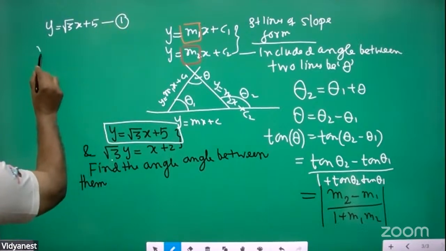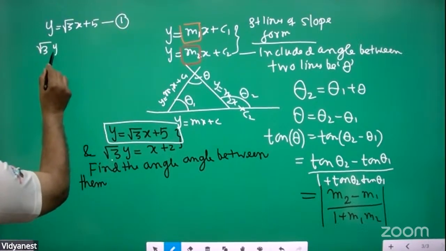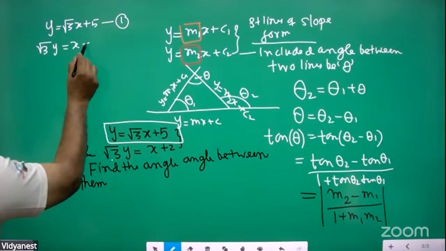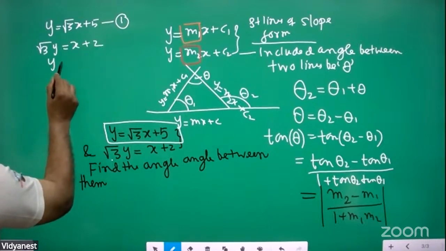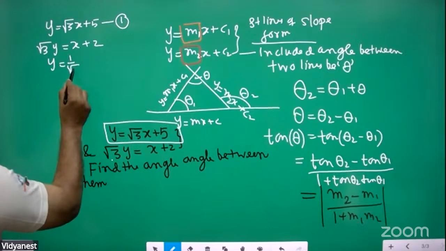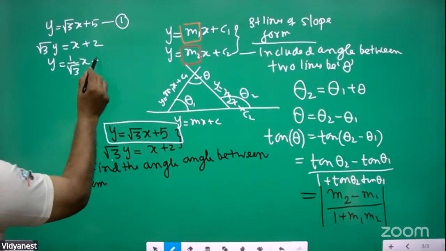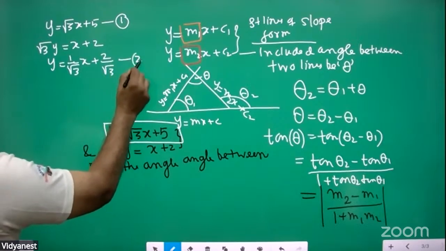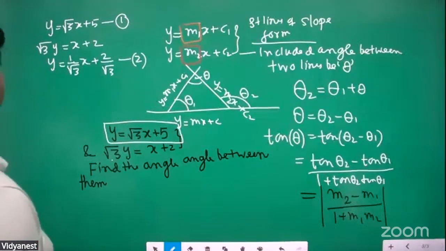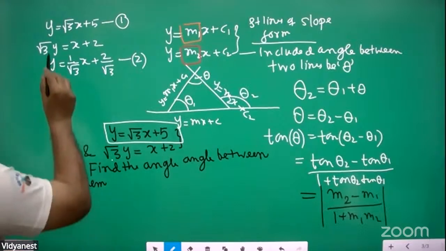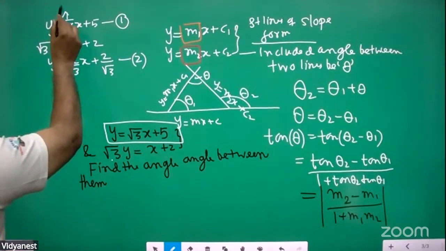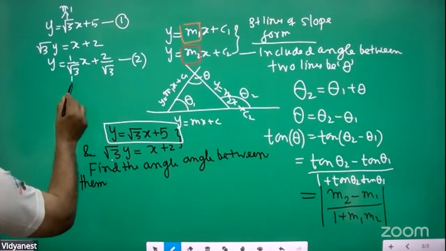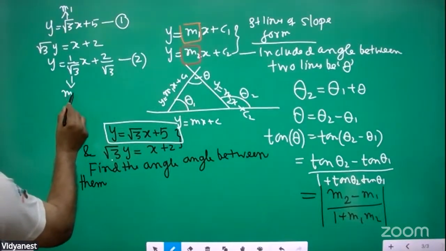And the second equation, root 3y x plus 2, so y is equal to 1 by root 3x plus 2 by root 3. That is equation number 2. Now you write this thing as M1, this thing as M2.